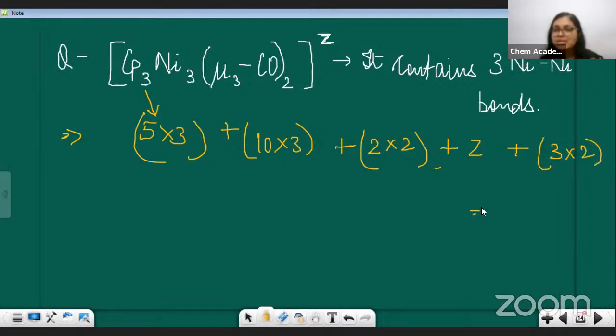Since there are 3 Ni, this time we will take 3 into 18. Please solve this and tell me the value for Z.